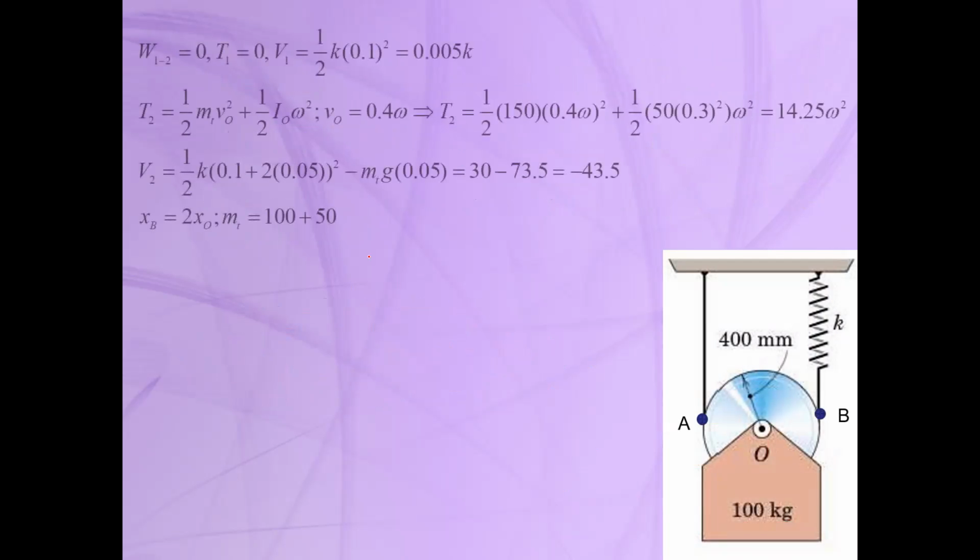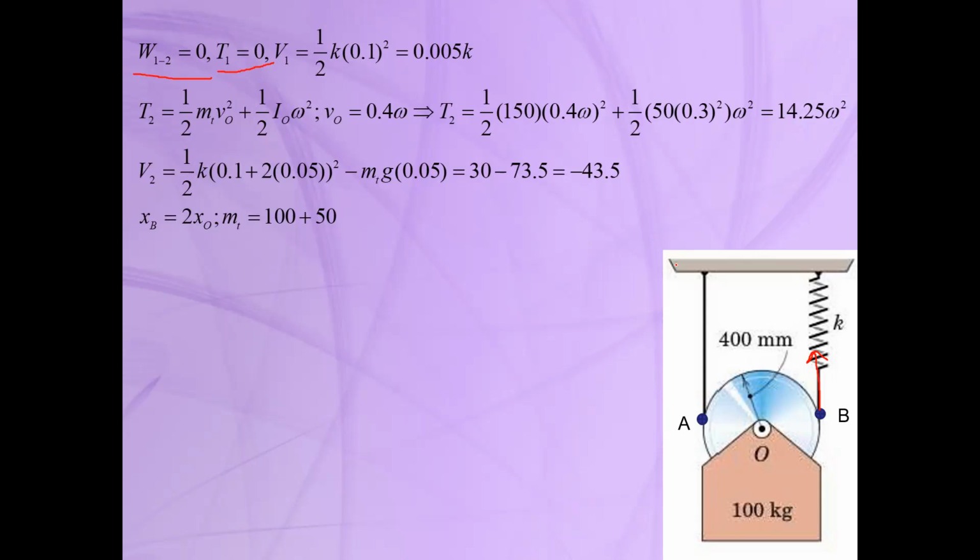Okay, so now we can write the energy and work equation. The work done by the external force is equal to 0 because if you plot the free body diagram, there is no external force, only we will have the force due to the spring. Here we have this force due to the spring, and we have the weights, and both of them will appear in the potential energy. The initial kinetic energy is equal to 0.